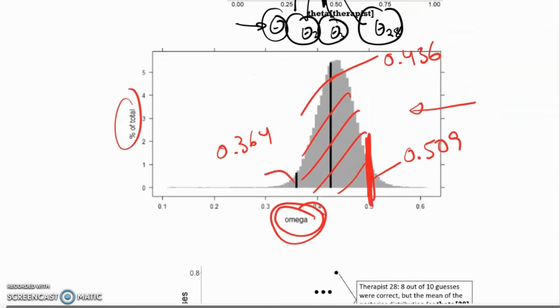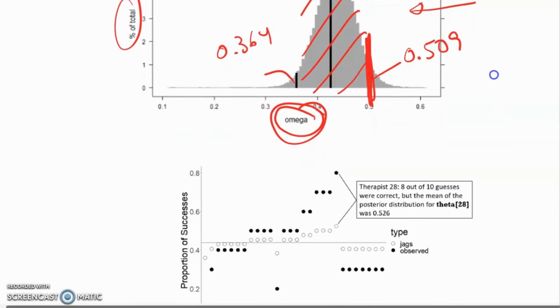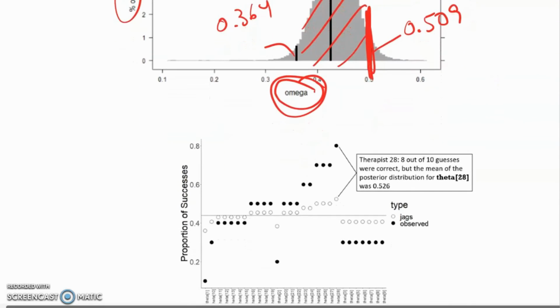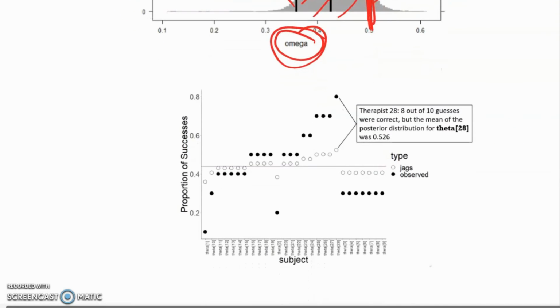Now, this scientist may have had a second motivation in doing this experiment, because if therapeutic touch was a real thing, then what they might want to do is identify the best therapist and hire them, and then they could go around healing patients. So let's look at how the individual therapists perform. Our attention might initially be drawn to therapist 28.